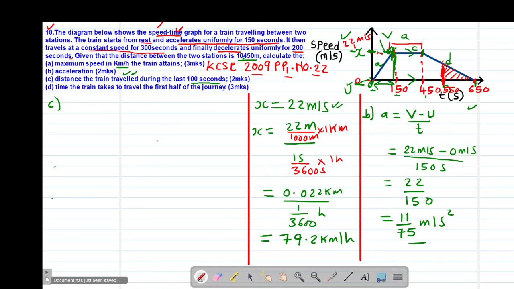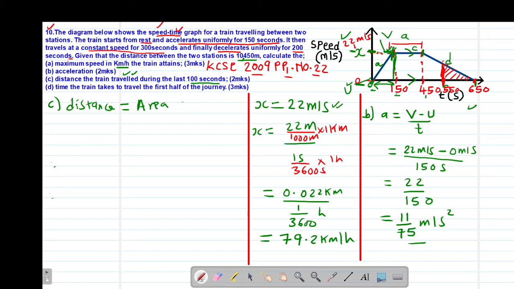Then remember we said that the area under a speed time graph should give you the distance. Therefore, the distance traveled during the last 100 seconds will simply be equal to the area under this particular speed time graph.